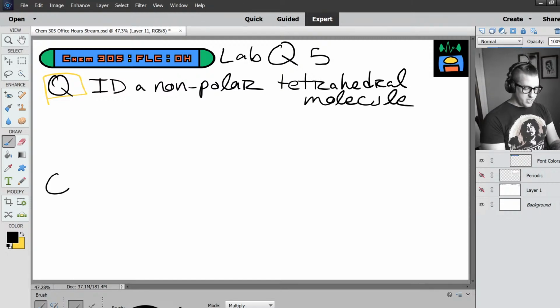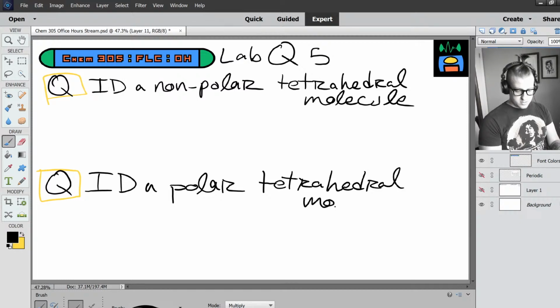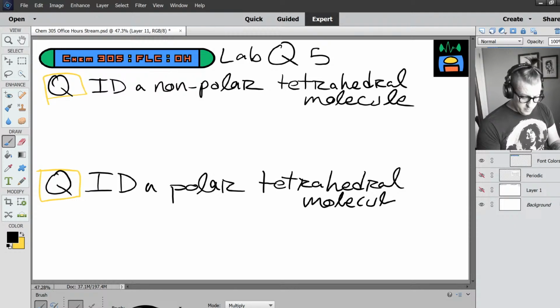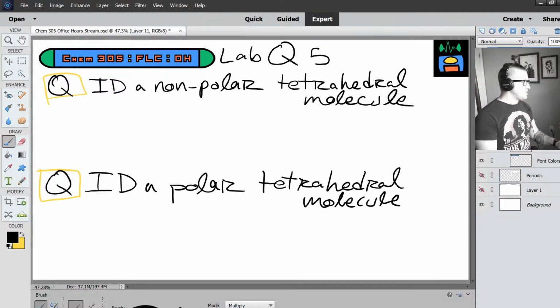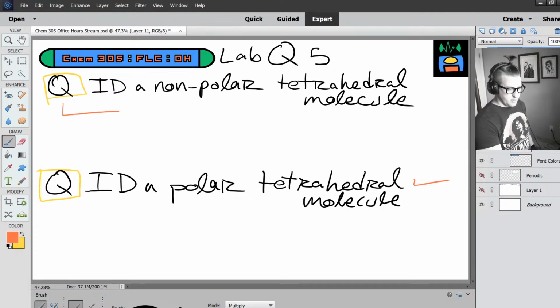And there's another one that says to identify a polar tetrahedral molecule. And for the polar one, this one's okay. But I'm looking at it now.